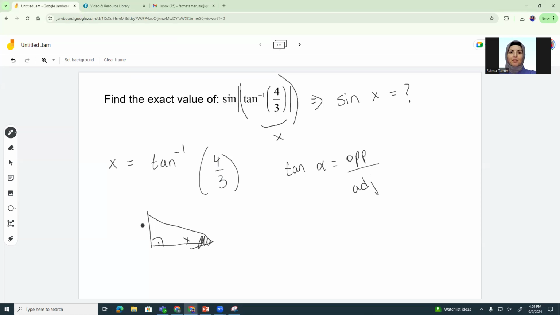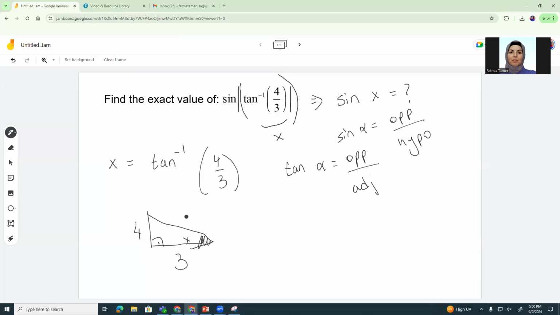So therefore, the opposite side will be 4 here, and the adjacent side will be 3 here. So I need to find the hypotenuse because sine of any angle is equal to the opposite side over the hypotenuse. So I have the opposite side of x here, but I'm missing the hypotenuse.